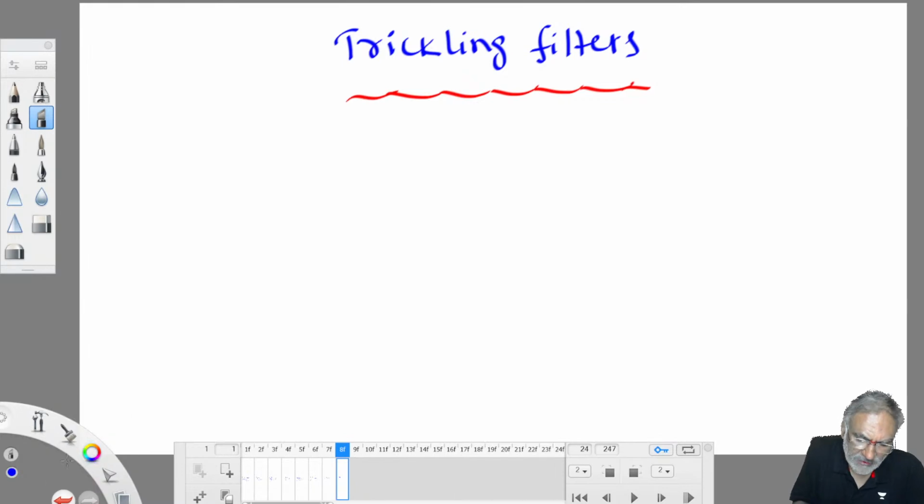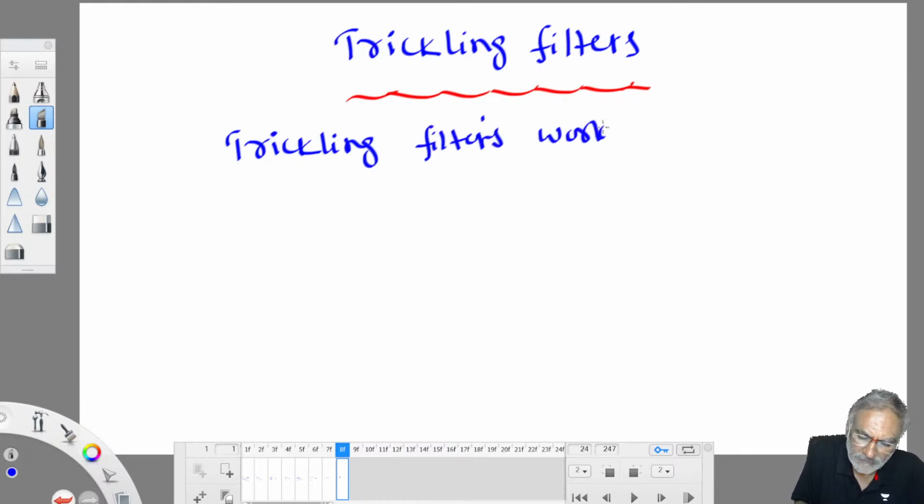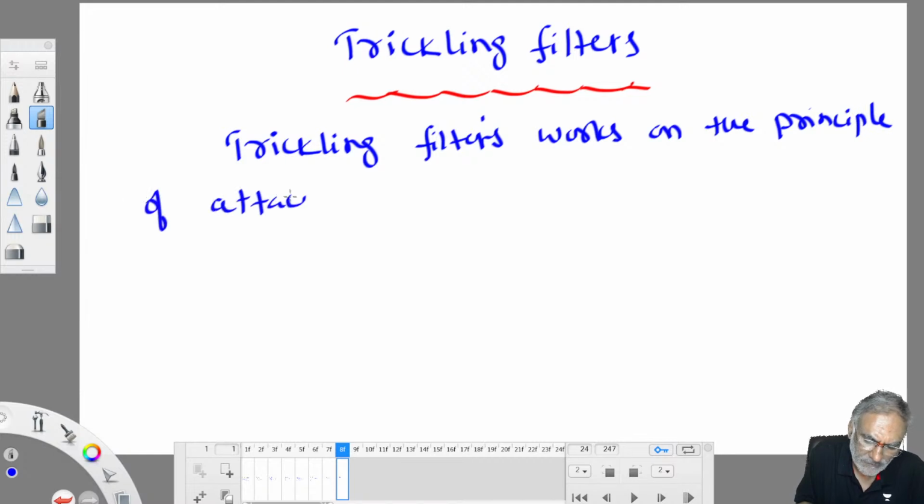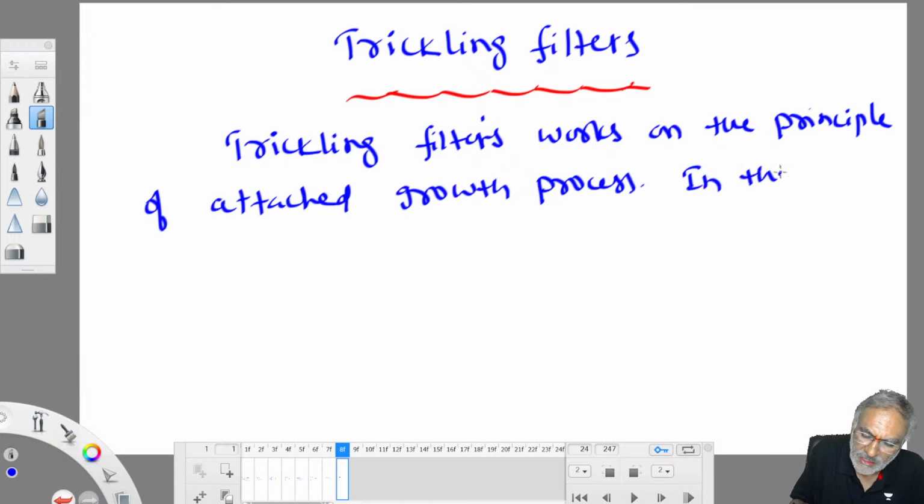So trickling filters work on the principle of attached growth process. In this process, microorganisms are attached to inert media as biofilms.